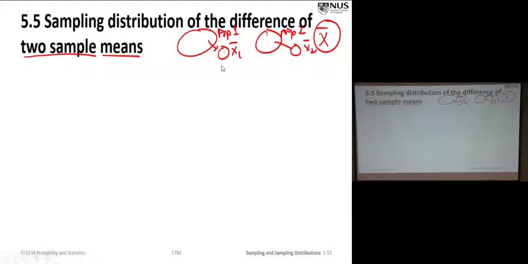This does not mean that you take one value from a population and another one, and look at the difference between these two. It does not make much statistical sense. What we do is look at two different samples from two different populations.